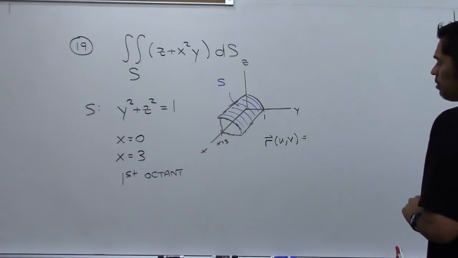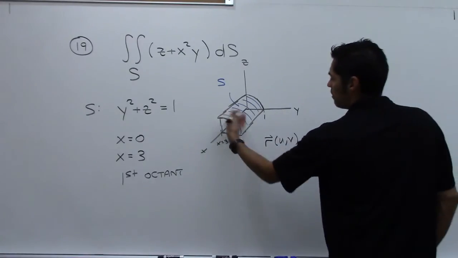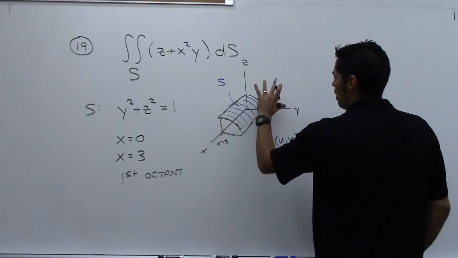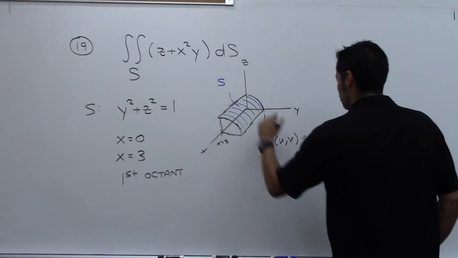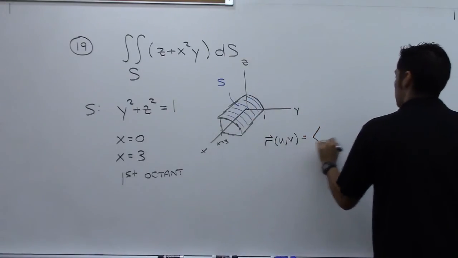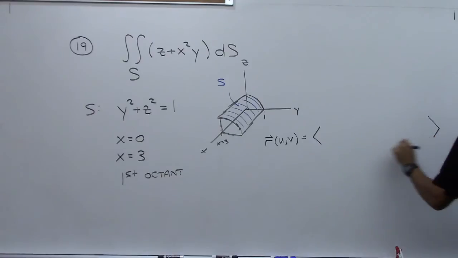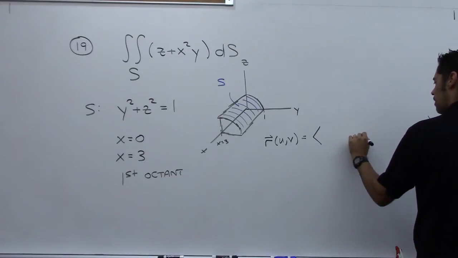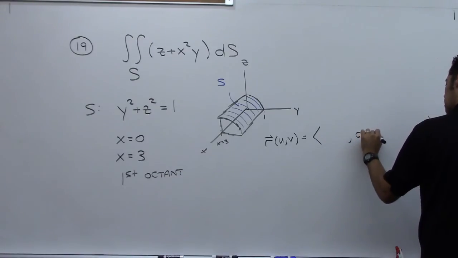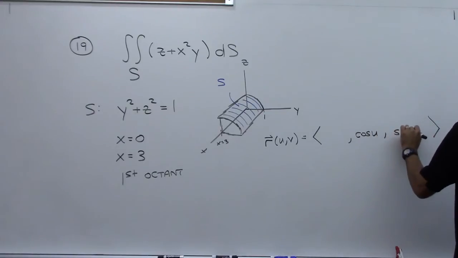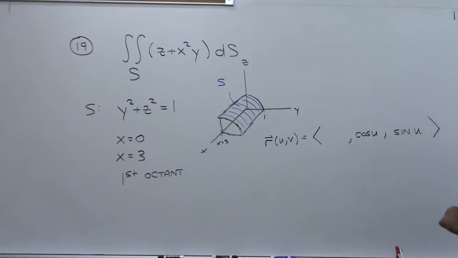So I want to draw the cylinder. It's this outside edge using the YZ plane to draw circles. Since the radius is 1, I'm looking at something like cosine u, sine u. That should draw me unit circles because the radius here is 1.